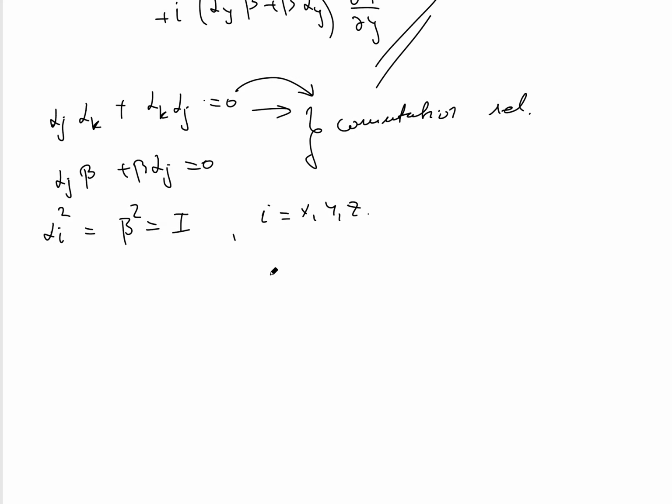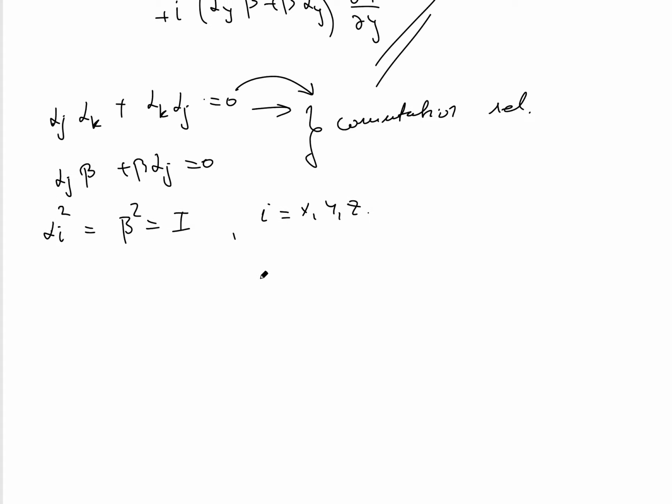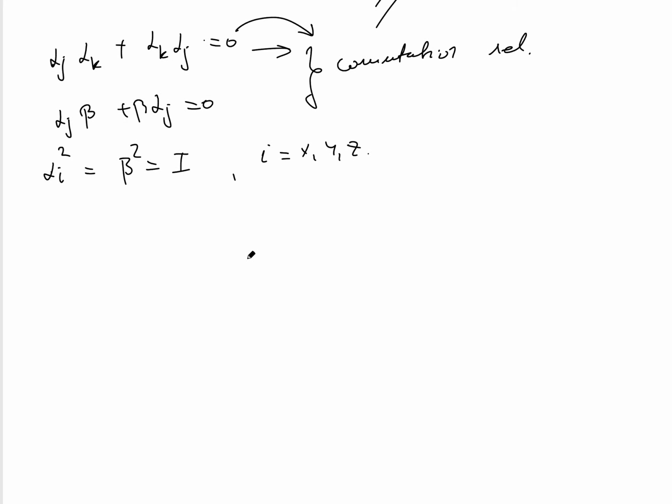We know certainly that numbers do not have these kinds of properties, but we know that matrices have commutation relations. In order to find these, we also need to show that these alpha j, which we now call matrices, have trace equal to 0.